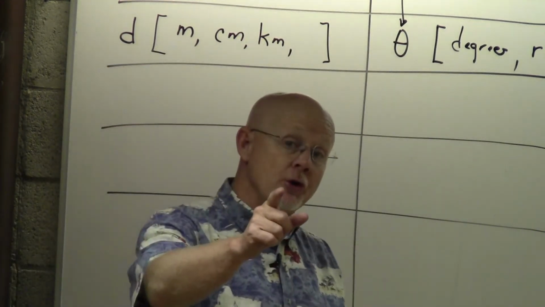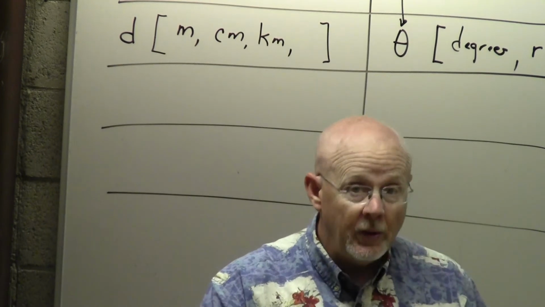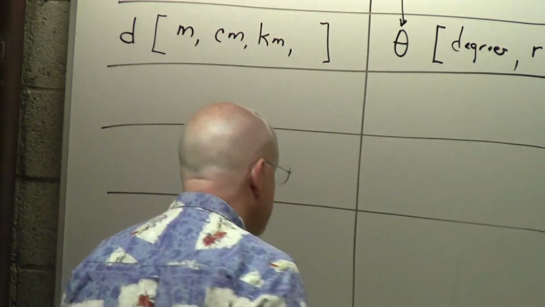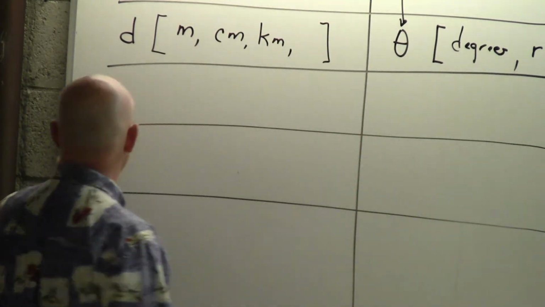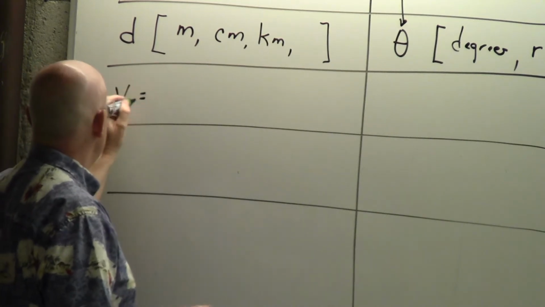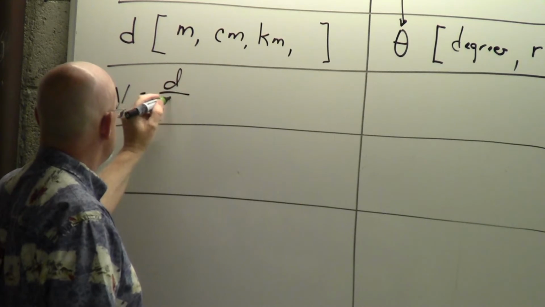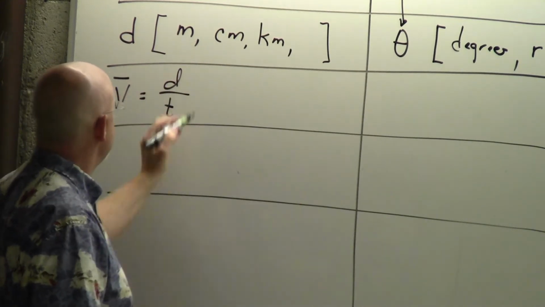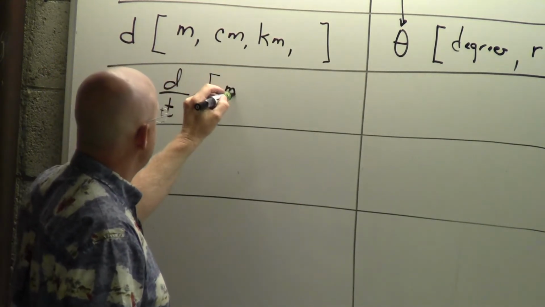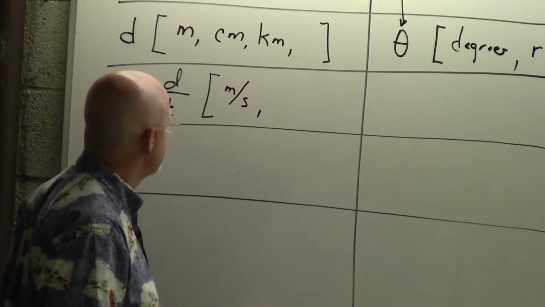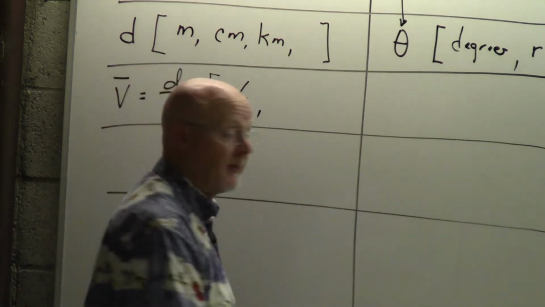But in chapter 2, we learned then about speed or velocity. We said the velocity, or at least the average velocity, is distance divided by time. And we measured it in meters per second, or even other units.